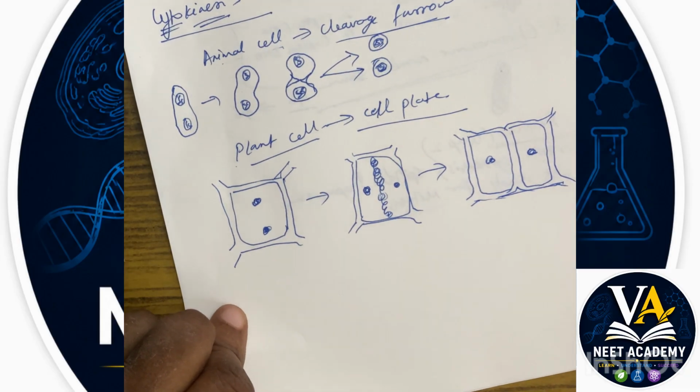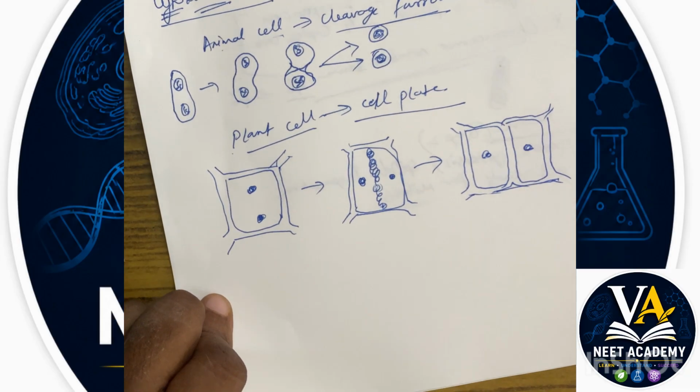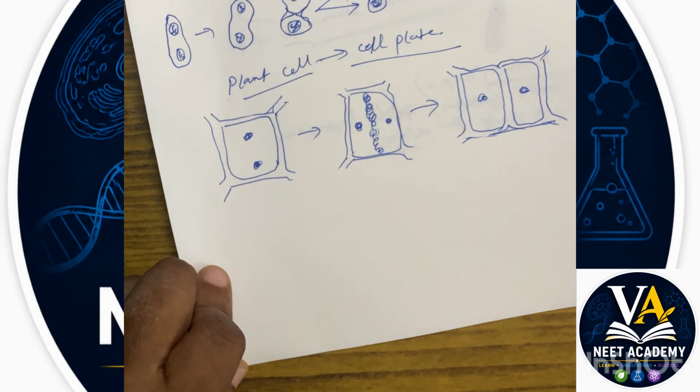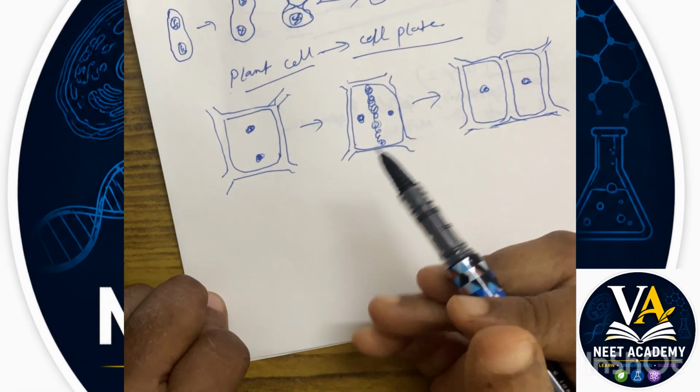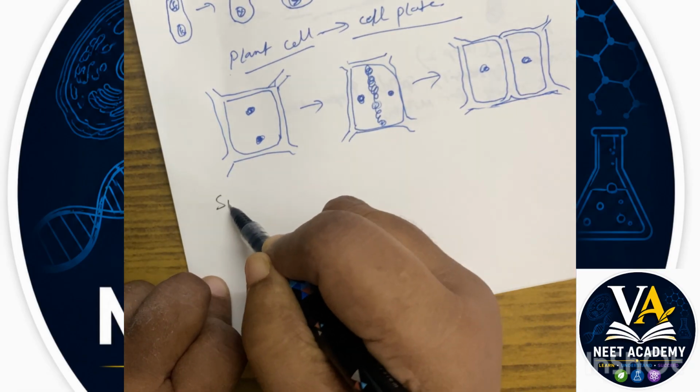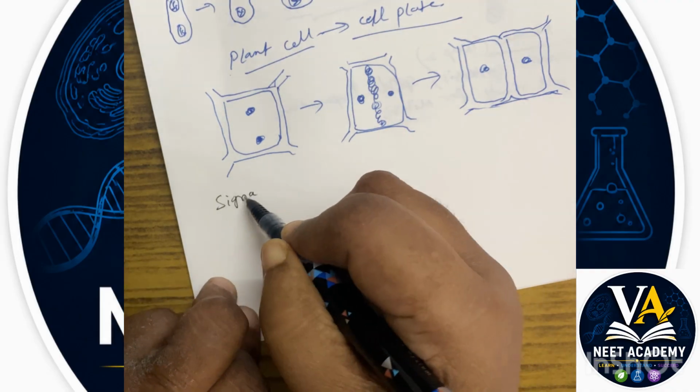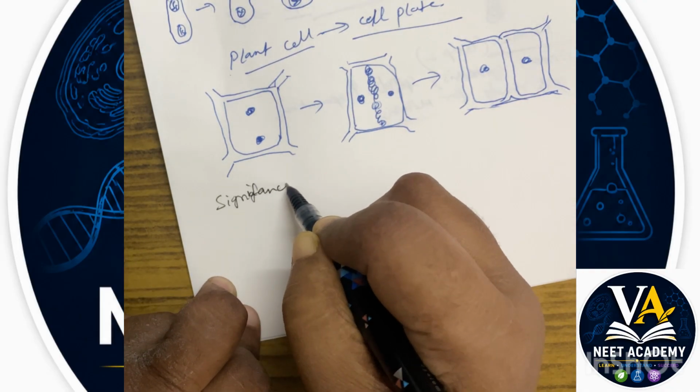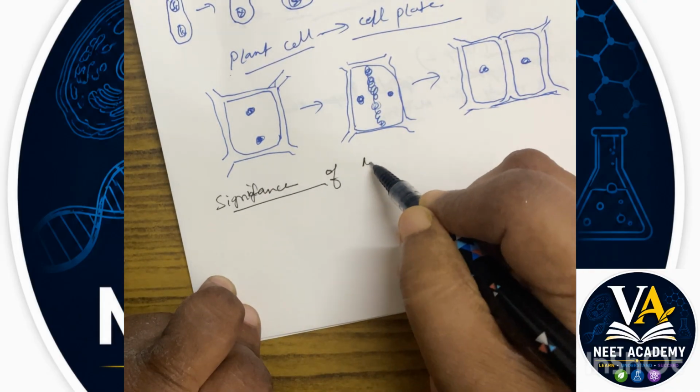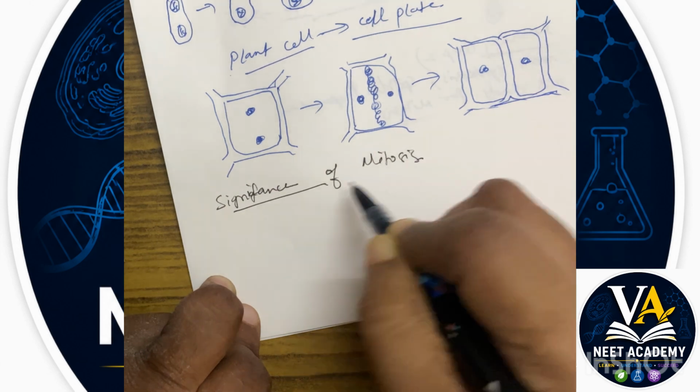Hope it's clear, students. So, now let us know the significance of mitosis, that is M phase of the cell cycle.